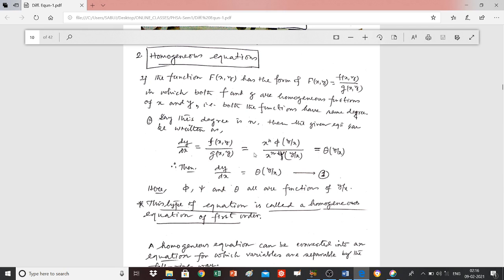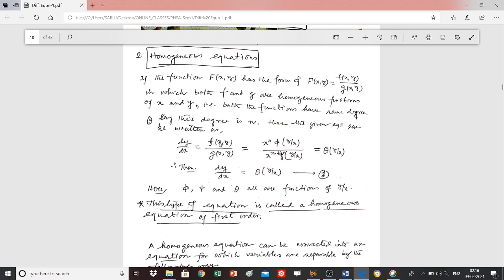And this equation can also be written as follows. Since these two functions f and g are homogeneous, they have the same power, and we take that power as n.